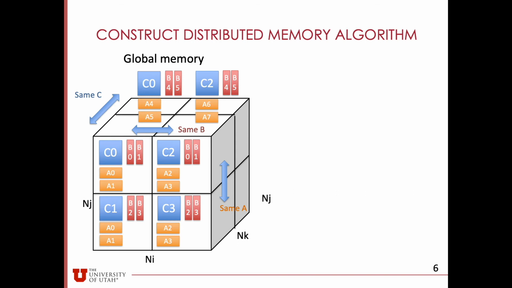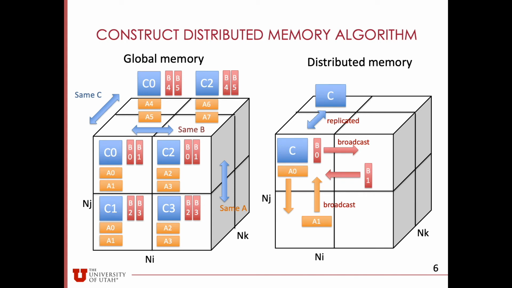Based on this property, we create the distributed algorithm as follows. We will replicate the footprint of C along all processors of the K dimension, and we distribute the A footprint along the J dimension and distribute the B footprint along the I dimension.